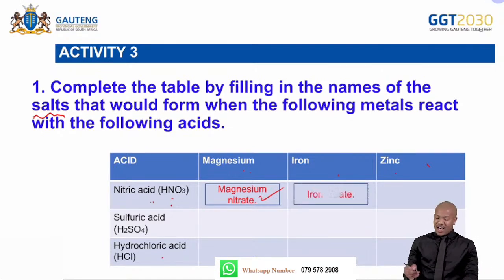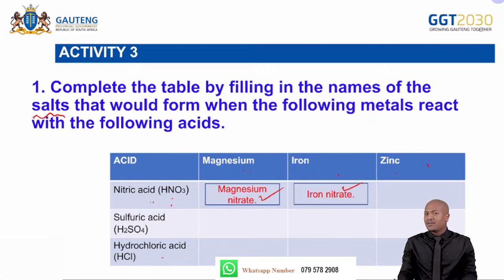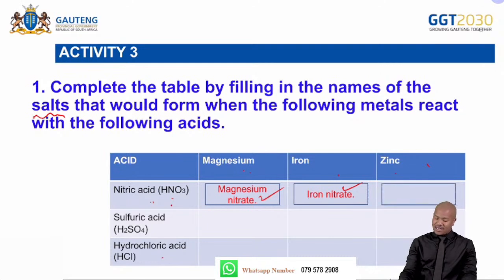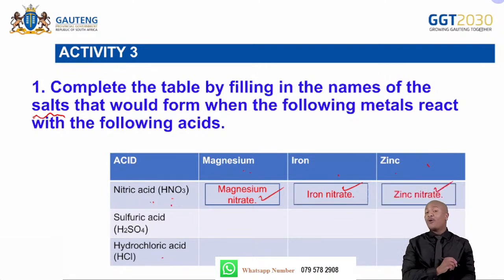It is iron nitrate. Mark yourself as well. What would form when nitric acid reacts with zinc? It is zinc nitrate. I hope you got the first three correct, right? If you got the first three correct, it means you also got the other ones correct. Let's see. Sulphuric acid.